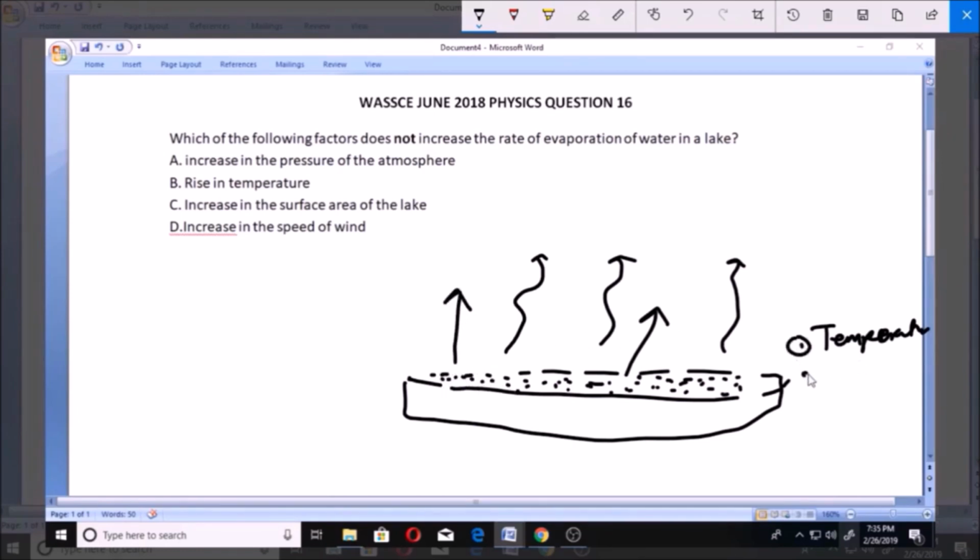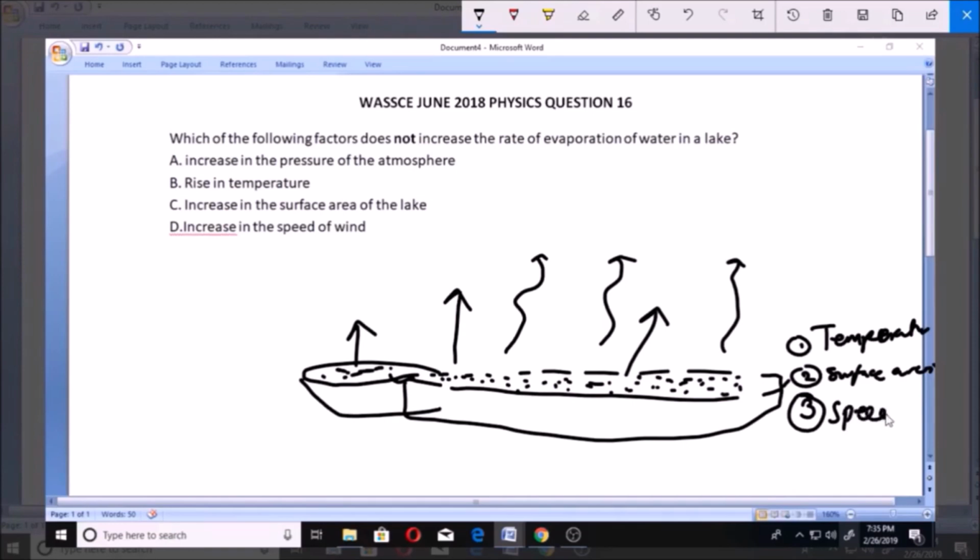That's number one. Number two is the surface area of this lake. If this lake had more surface, you understand, there will be more water going up. So this will also increase the amount of water going up. Now, number three thing that will make there be more water going up is the speed of the wind.